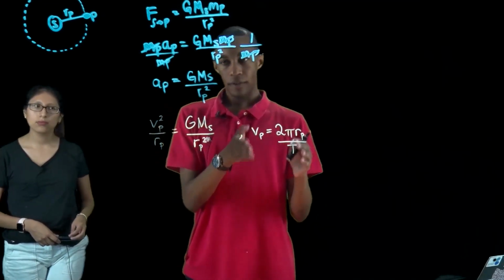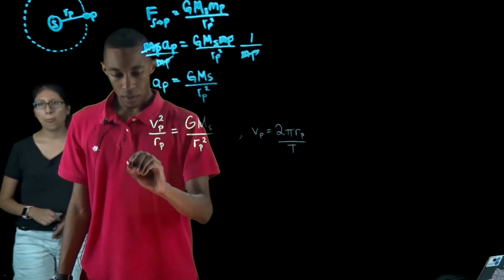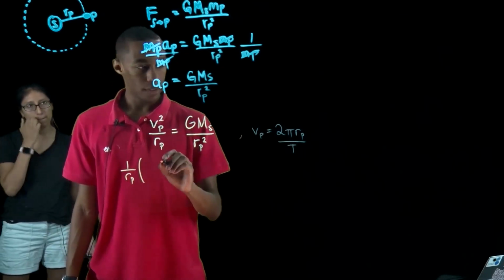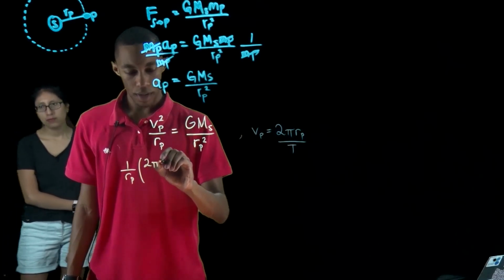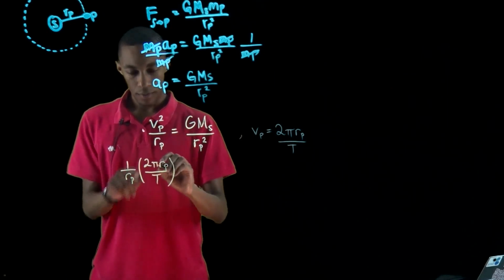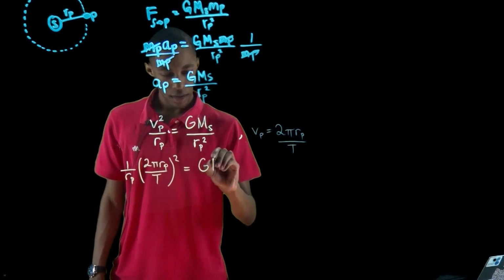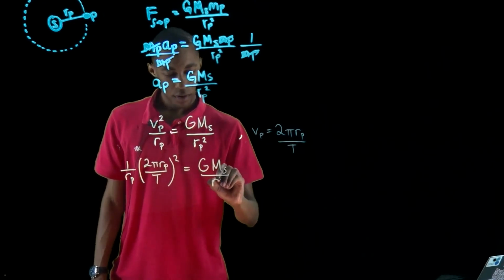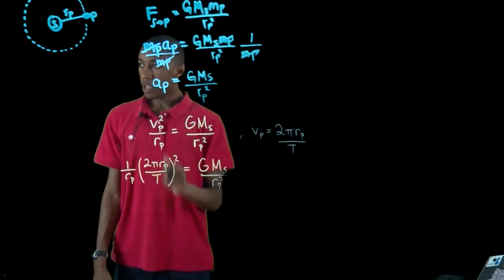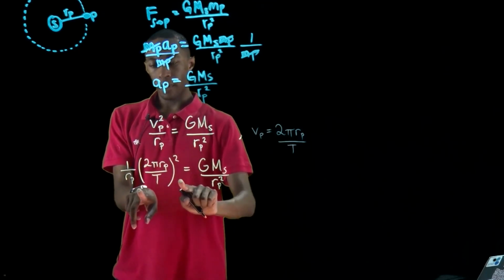Now I can plug this v_p into this equation. I'll pull out the 1 over Rp in front, so that I can put everything else in parentheses here: 2 pi Rp divided by T. Remember, all of this is squared, and that's equal to G m of the star over Rp squared. In the next step, I want to expand this so we can simplify a bit further.